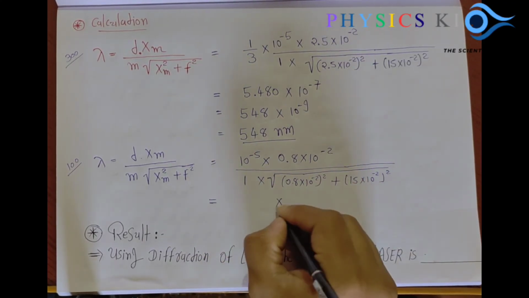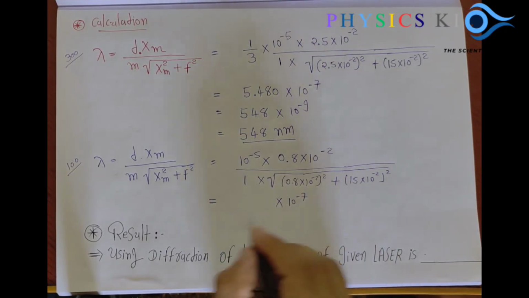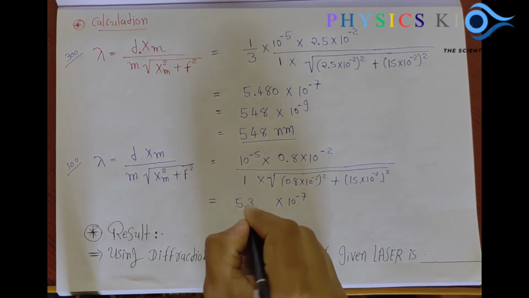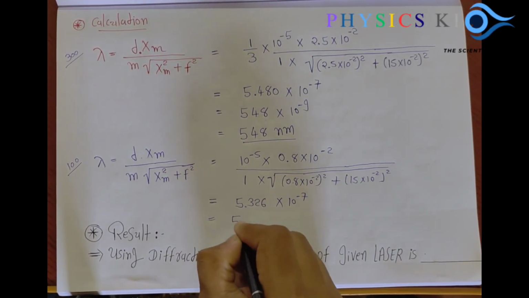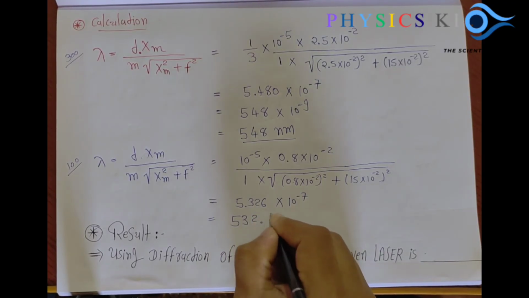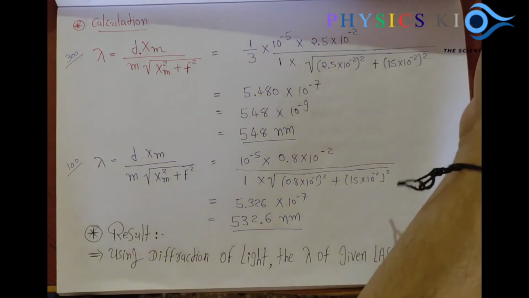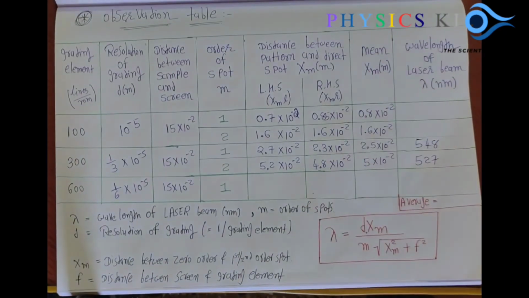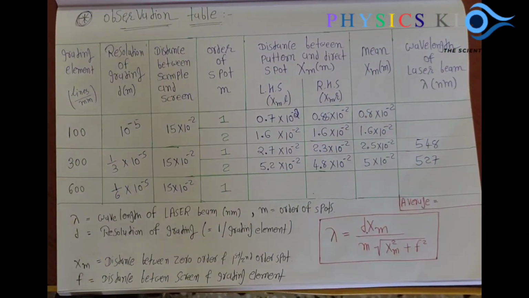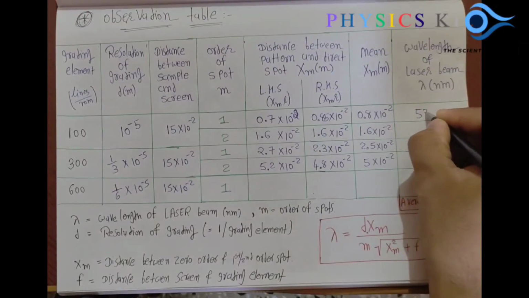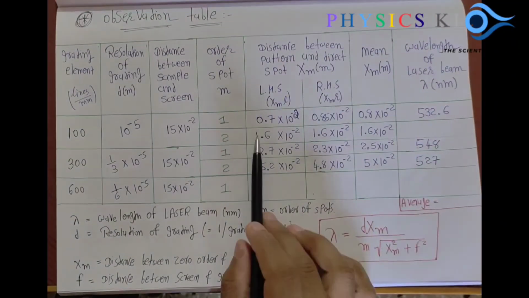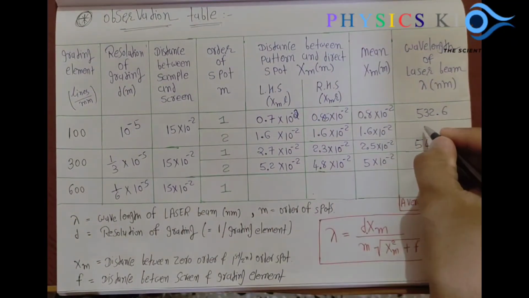So I am writing 10^-7 and simplifying using the calculator, I got 5.326. So converting into nanometer, I got 532.6 nanometer. So this one is very near the actual value. So I am putting the result 532.6 nanometer. If you do the second one, you get 530.